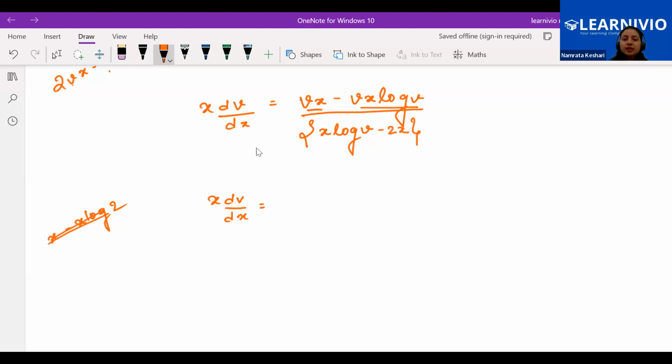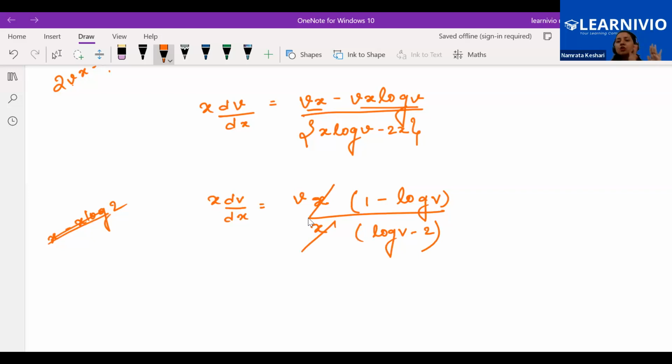So we take vx common, and then x common in the denominator, and the x's get cancelled. Vx times (1 minus log v) over x times (log v minus 2).